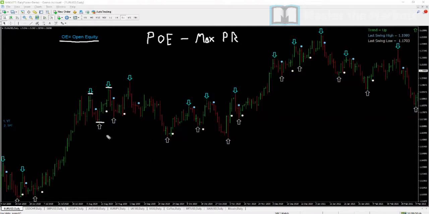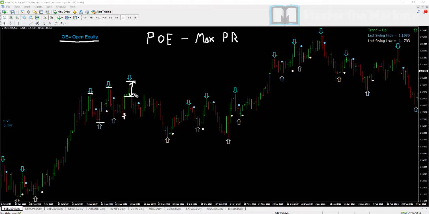For example, if we were on this trade here and we enter on the close of the confirmation bar, this one here being the confirmation bar, then we'd enter at this point, and the maximum point reached would be where the next swing arrow forms. So this would be classed as your open equity for this trade. This is how we look at the open equity.